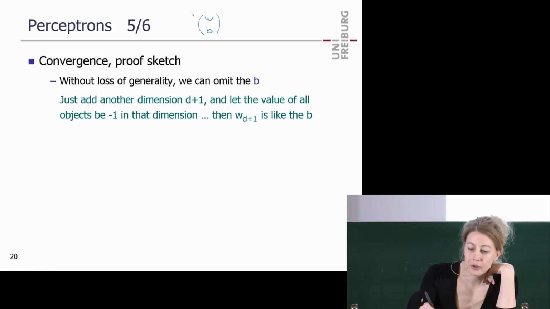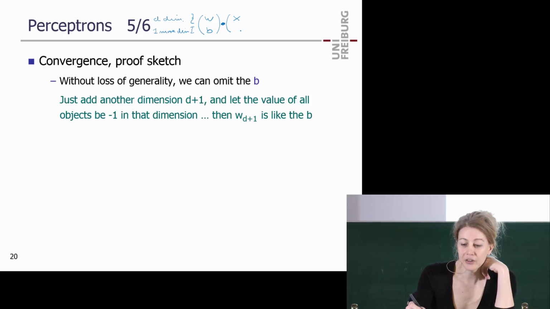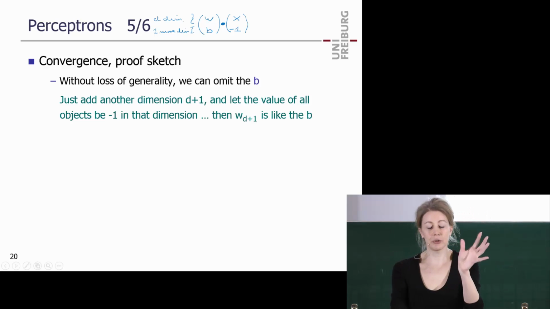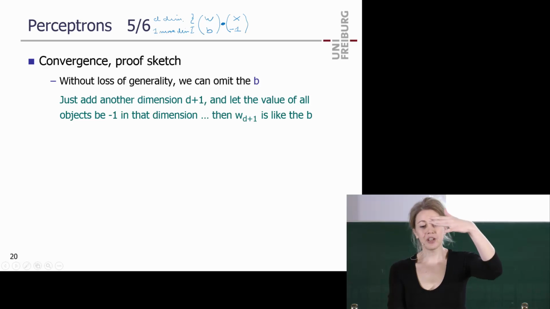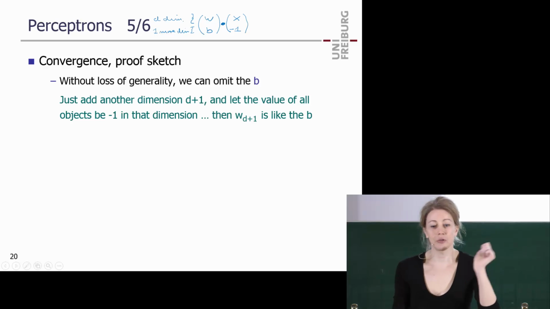So this is d dimensions, and this is one more dimension. Now if I take the dot product with a feature vector, I just add an additional feature, d plus 1, and I just put minus 1 here. For every object, I just have an additional feature. That's just a purely technical trick. I just have one more feature, which I always set to minus 1.